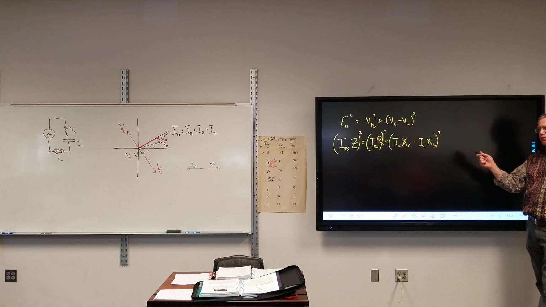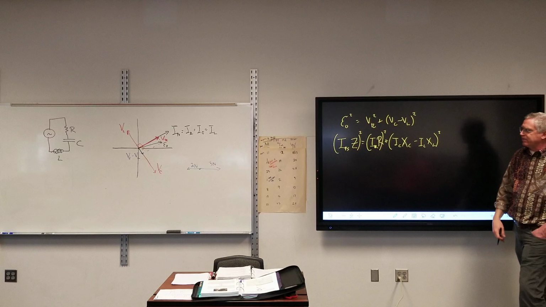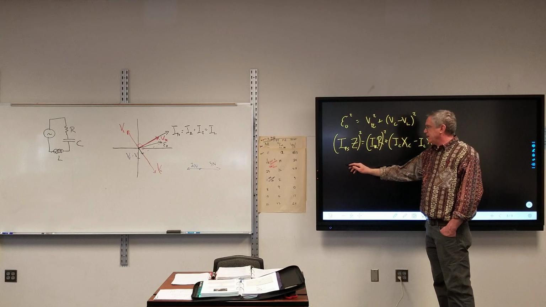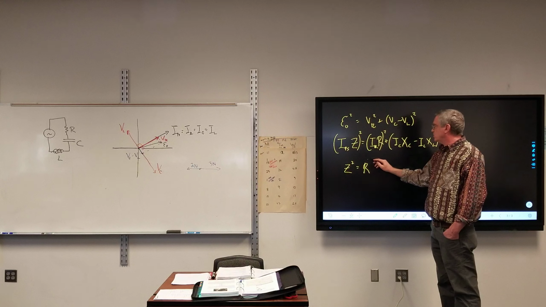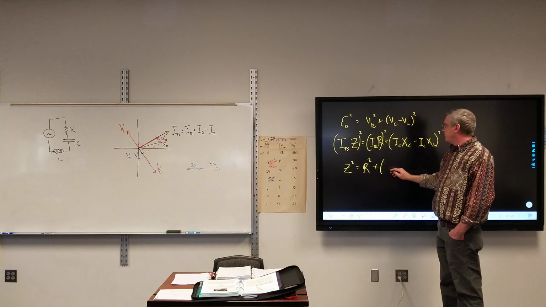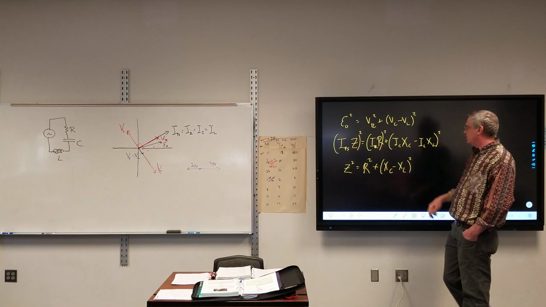I know my currents are all the same. I can factor I out of this and we get an I squared. So just divide everything by I squared. And so I get my impedance squared is equal to my resistance squared plus the difference between my capacitive reactance minus the inductive reactance squared.